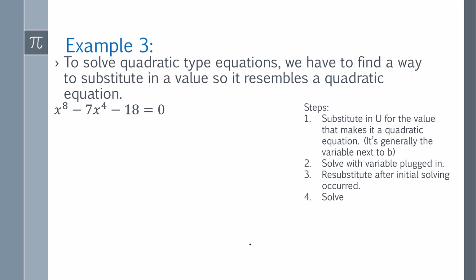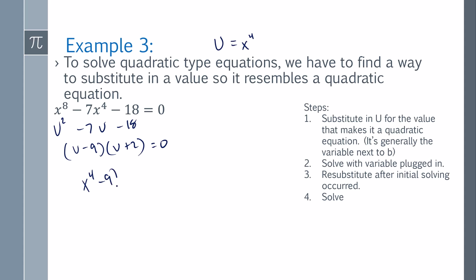Let's look at one more. So this one, I'm going to say u equals x to the fourth. So this becomes u squared minus 7u minus 18. This will factor, now that it's a quadratic equation, so this will factor into u minus 9 and u plus 2. I can now resubstitute them back in if I wanted to, because now I performed the quadratic tool to being able to solve this.